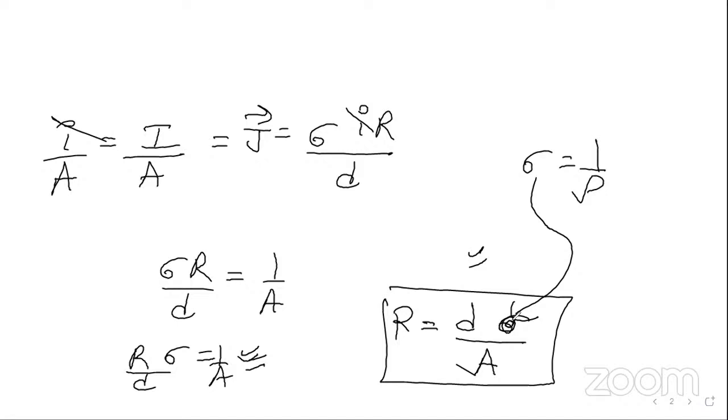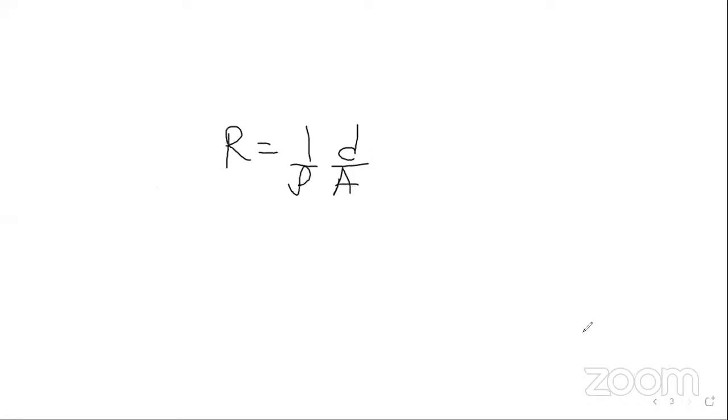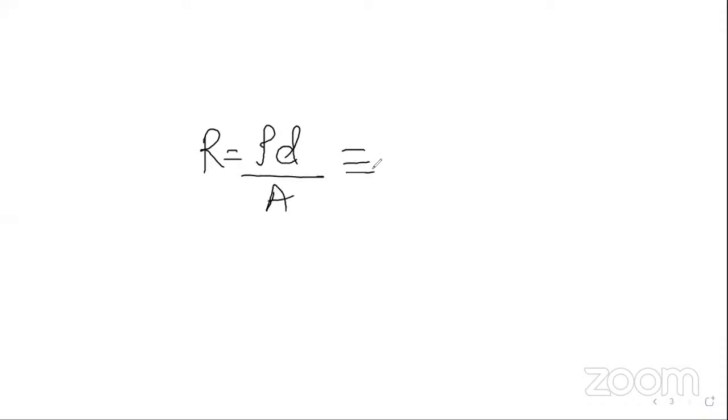R will be D upon A into sigma. When we put sigma here we get the equation, and this you already know from the lower classes: R equals rho D by A, which is equivalent to rho L by A.